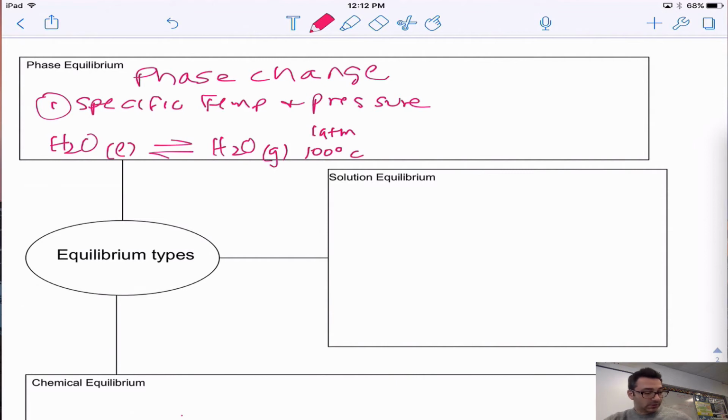I could have something where I have freezing, H2O liquid and H2O solid. This is freezing and melting happening at the same time, 1 atmosphere of pressure, 0 degrees Celsius. Now let's say that I actually set up this experiment.